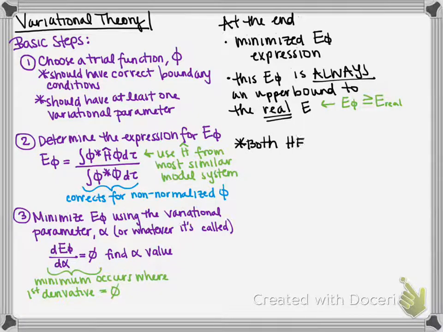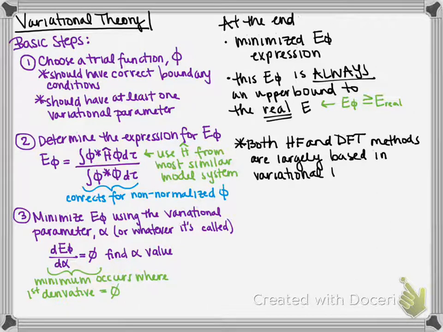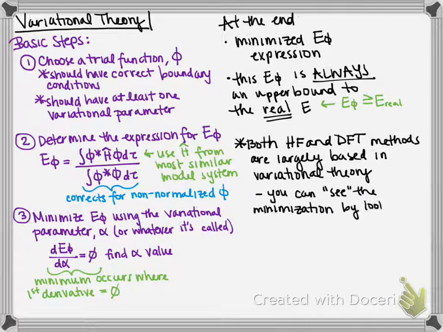All right, so you may have looked at the WebMO lab activity for this week. You may not have. If you haven't yet, you'll see these soon, and this will make a little more sense. Both Hartree-Fock, or HF theory, and density functional theory methods within computational chemistry and within WebMO, the first few options you see under the theory menu, are largely based in variational theory.